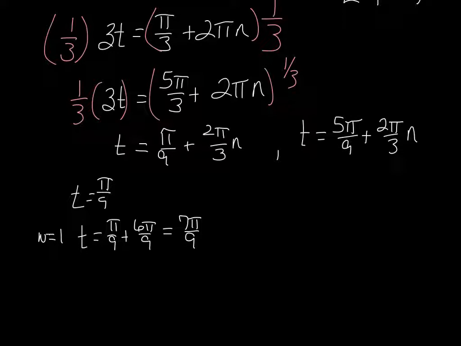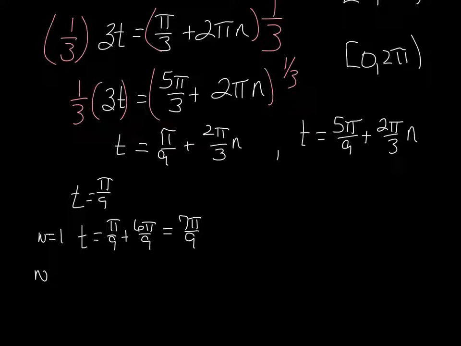Okay, we're looking between 0 and 2 pi. I want all of the solutions between 0 and 2 pi. What is 2 pi if 9 is the denominator? 18 pi over 9 is 2 pi, right? Yes. So we need to stop when we get above 18 pi over 9 for the sum.